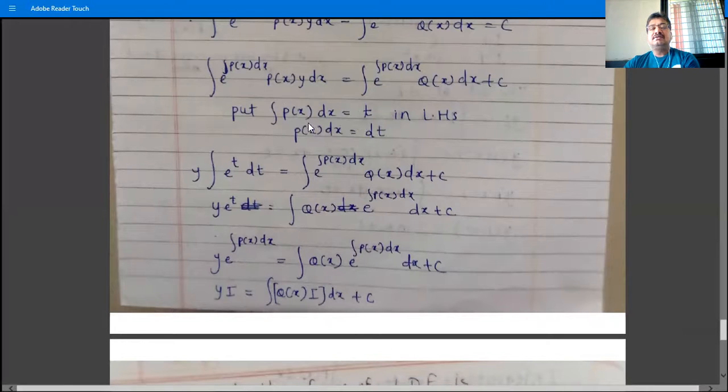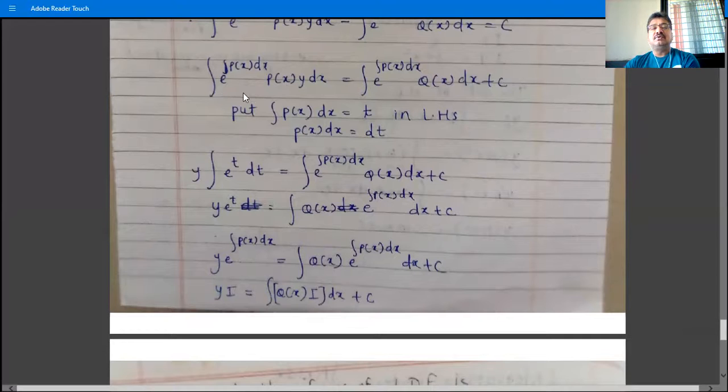Differentiate both sides with respect to x. Derivative and integration cancel, so we have P dx is equal to dt. Now y is a constant quantity, since the integration is with respect to x, so take y outside the integration.